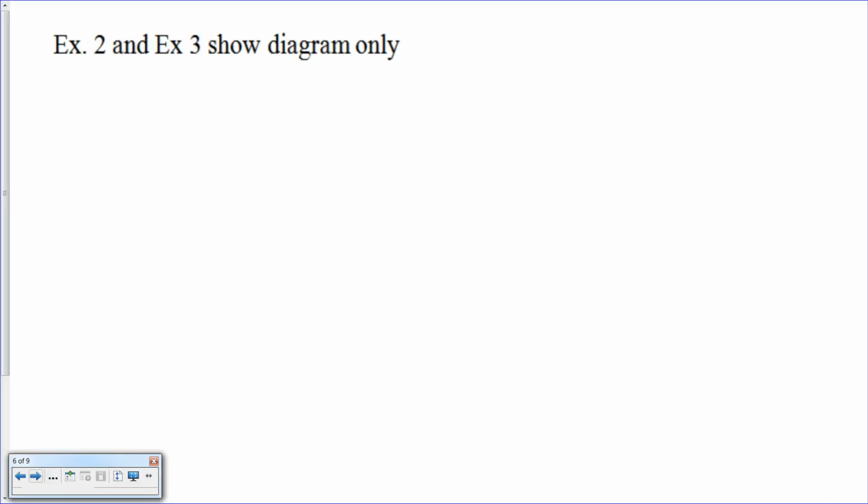On example number 2 in your book, on page number 85, you're looking at the angle of elevation.